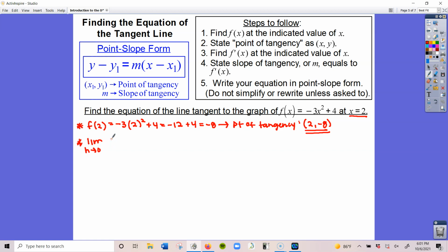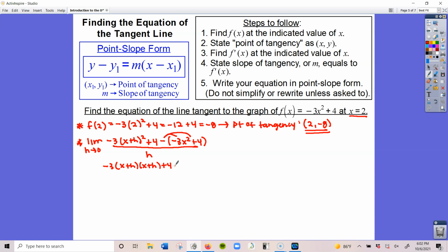So f of x plus h minus f of x, all over h. So negative 3 times (x plus h) squared plus 4, minus f of x, which is negative 3x squared plus 4, all over h. Let's start distributing everything in the numerator. So I got negative 3 times (x plus h) times (x plus h) plus 4.